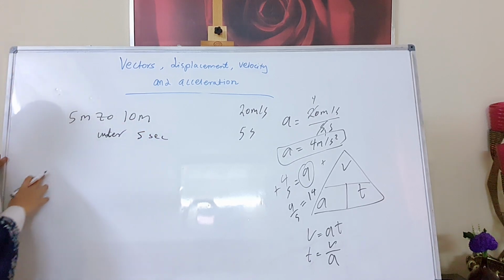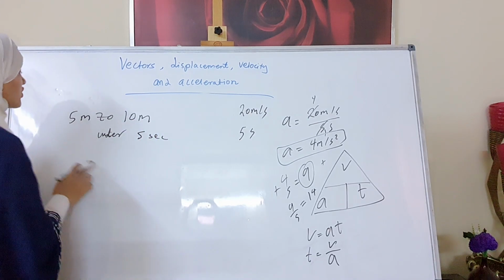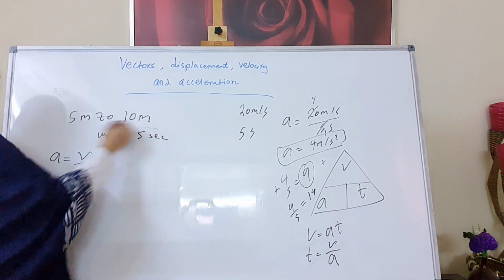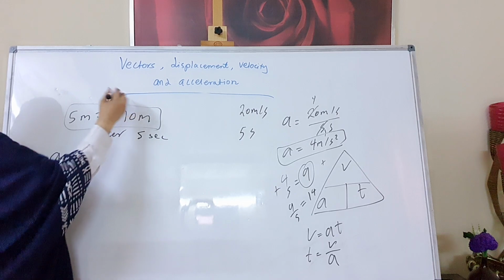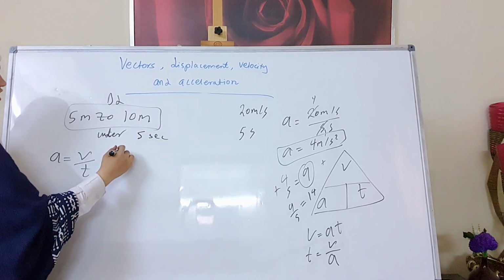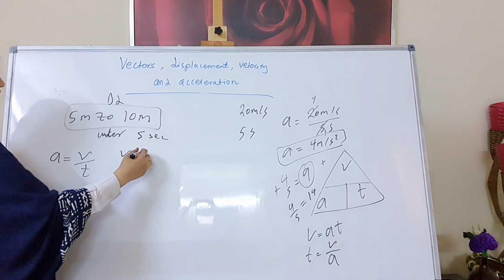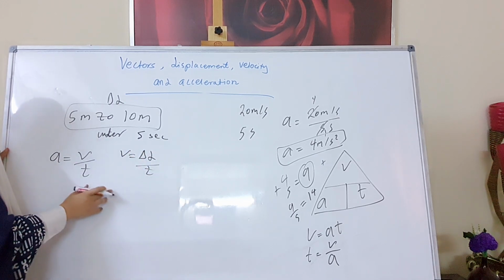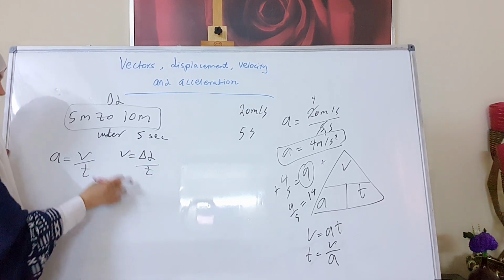So what it will be is acceleration. First of all, acceleration is equal to velocity over time, right? Right now what we have here is just change of displacement. That means we should find velocity. Velocity is equal to change of displacement over time, right?